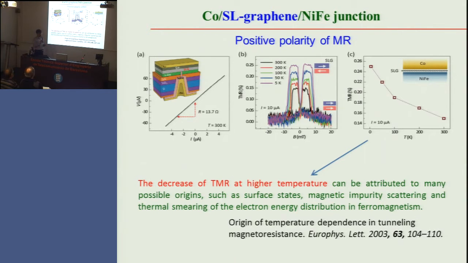To remove that, I invented this kind of structure, which means I make holes on the silicon substrate, and then I deposit one side ferromagnet like this, the other side I put something like graphene, and after that I can put some ferromagnetic materials.